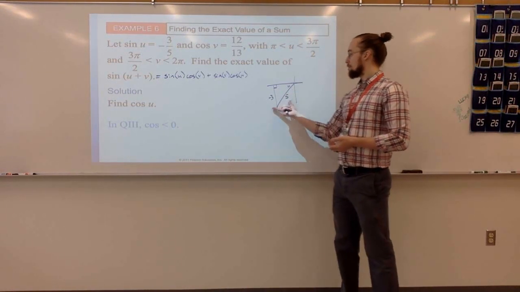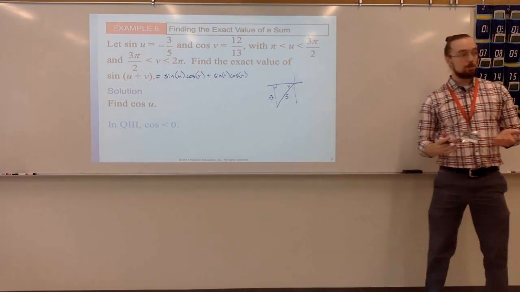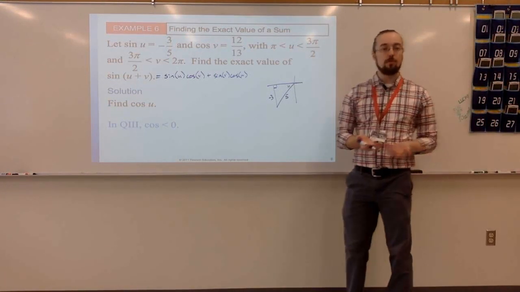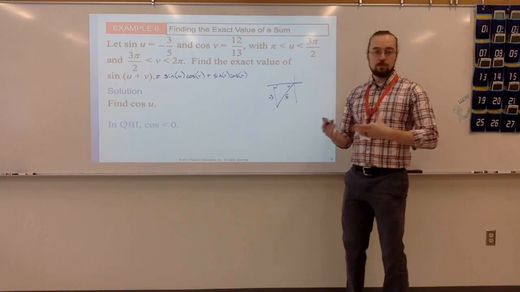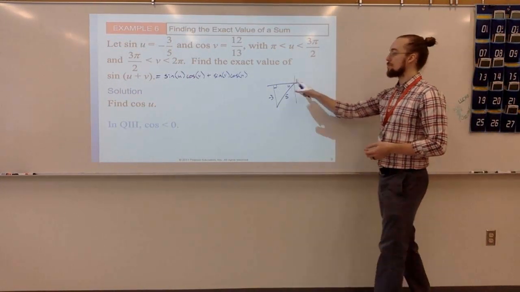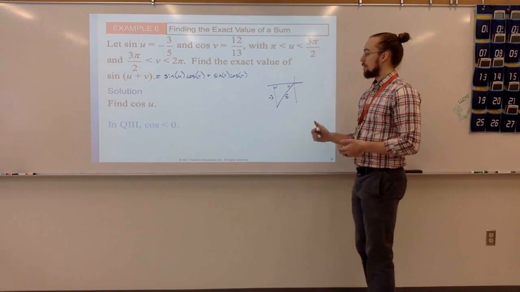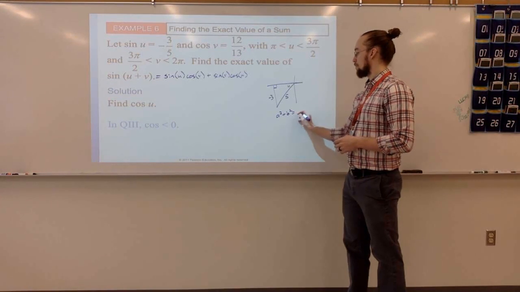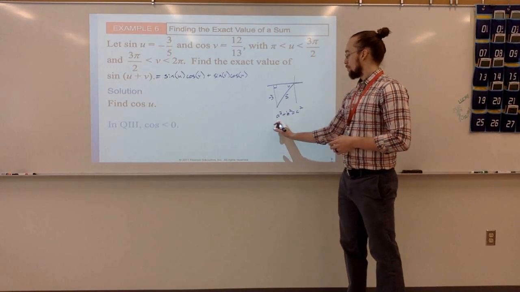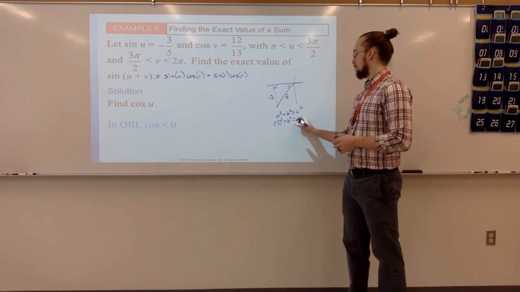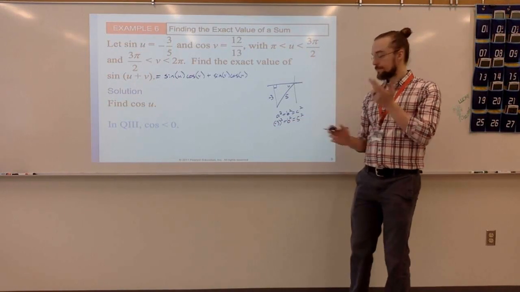If you recognize that this would be a Pythagorean triple, that'll save you a little bit of work. This will be a 3, 4, 5 right triangle. If you don't recognize that, you can always use the Pythagorean theorem to find this missing side. So we could set this up as a squared plus b squared equals c squared: -3 squared plus b squared equals 5 squared.